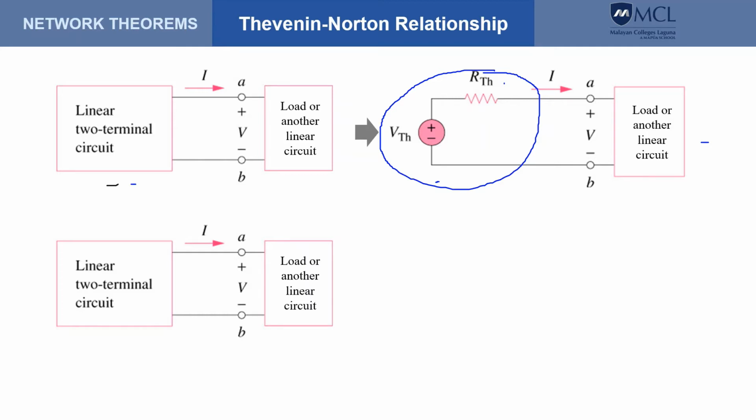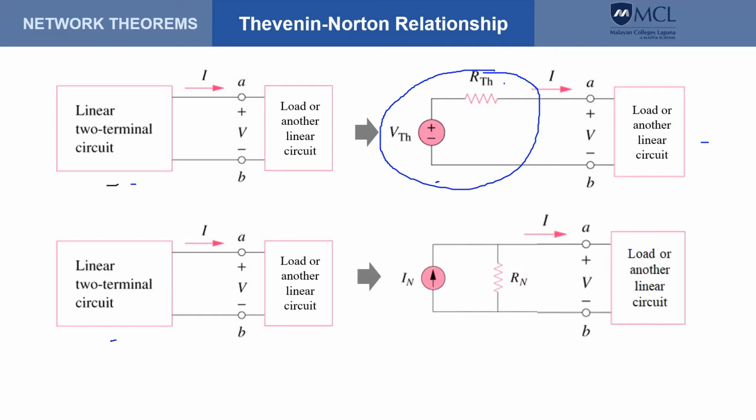In a similar manner, the same linear two-terminal circuit can be converted into a Norton's equivalent circuit, which consists of a current source in parallel with a resistance. This equivalent circuit will also have the same effect on the load as its original circuit.